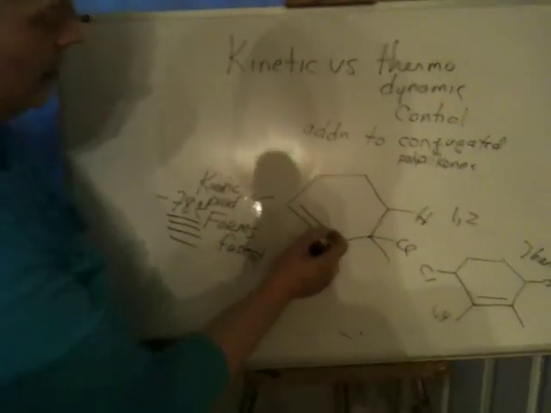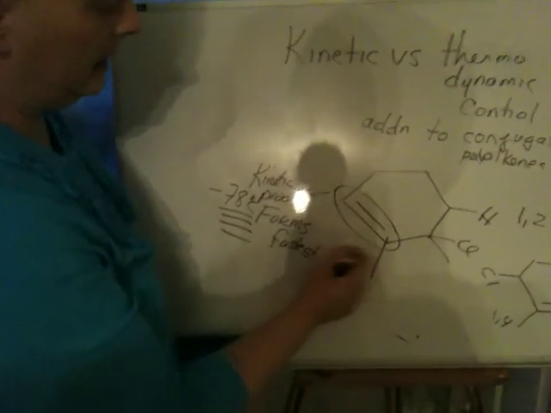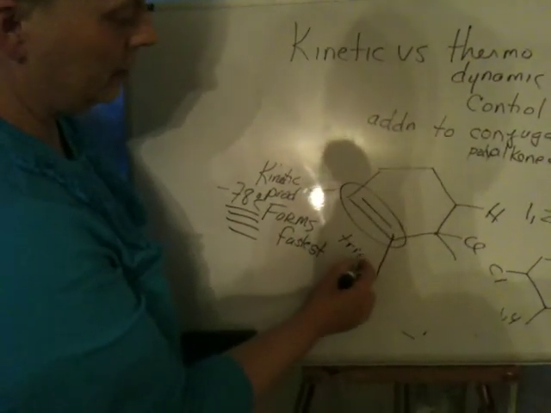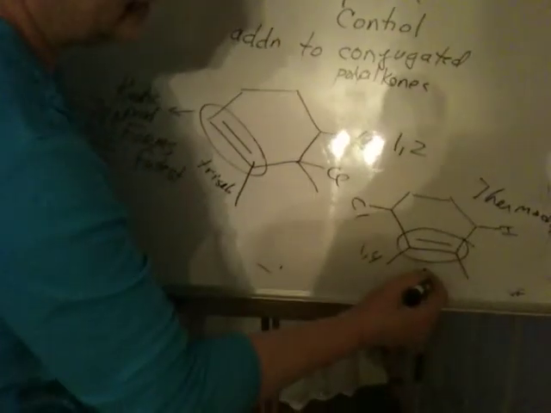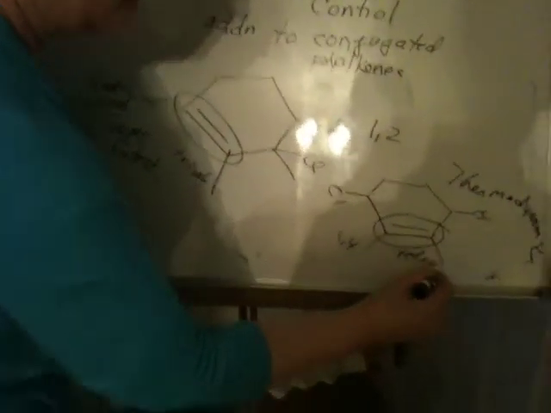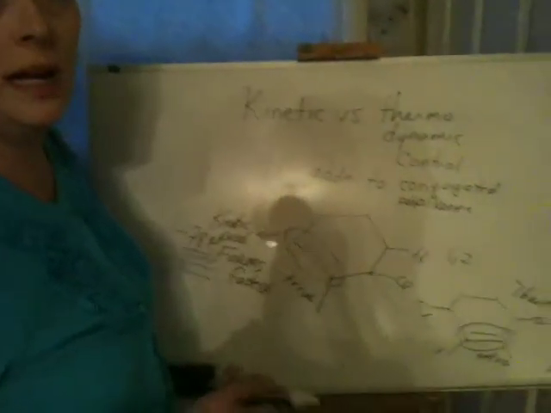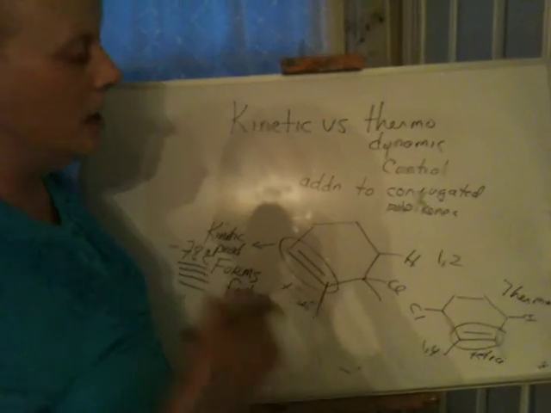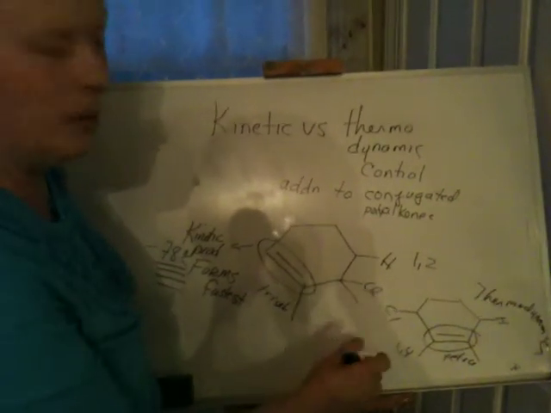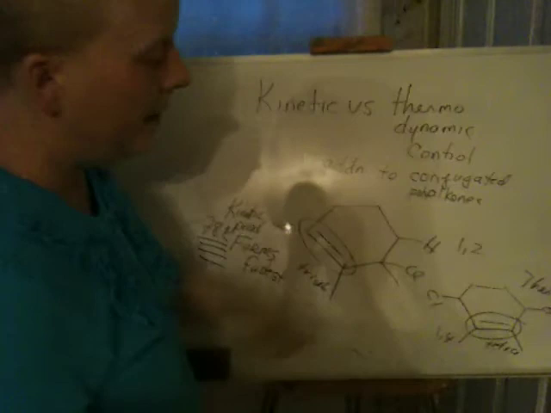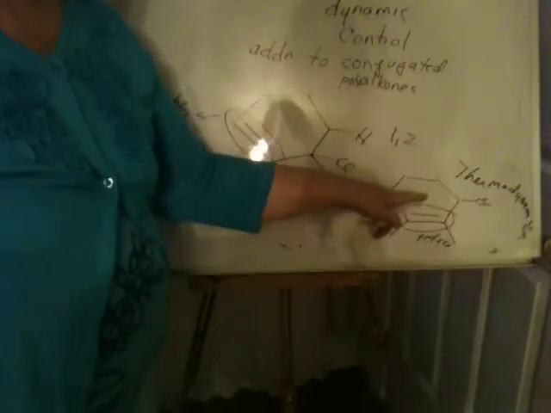In this case, this double bond is tri-substituted. In this case, this double bond is tetra-substituted. And we know from empirical data, from combustion data and heats of hydrogenation, that tetra-substituted double bonds are more stable than tri. This product should form under high energy conditions.